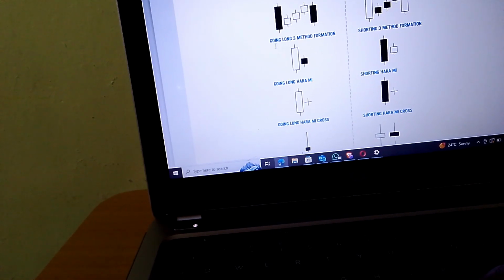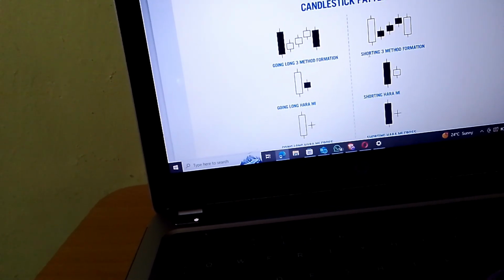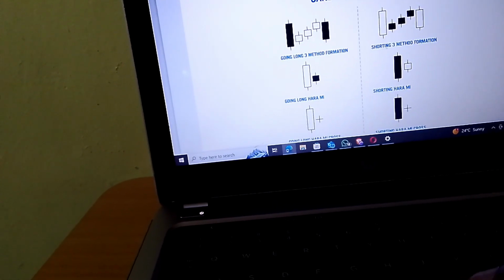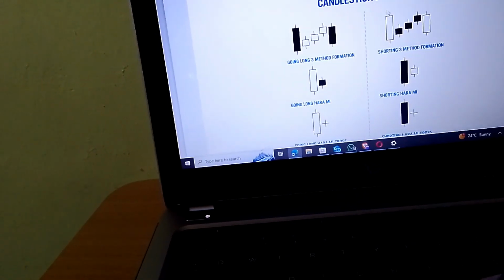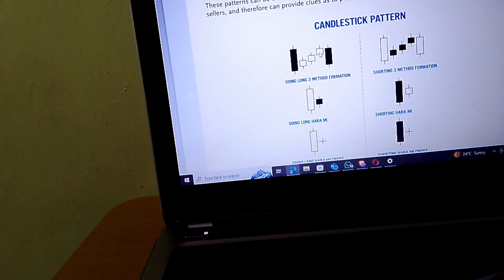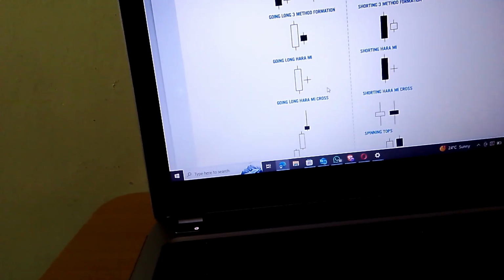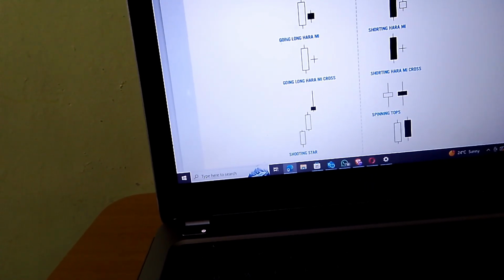Candlestick patterns: there is the going long three method formation and the shorting three method formation. In this one we can see one uncolored, then three colored in between; in this one, three uncolored in between and one colored on the sides. We'll look at that. Going long harami, I don't know whether it's pronounced that way.